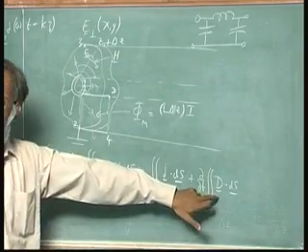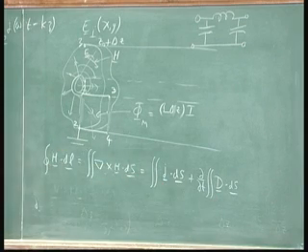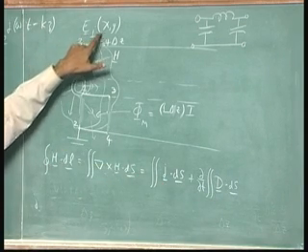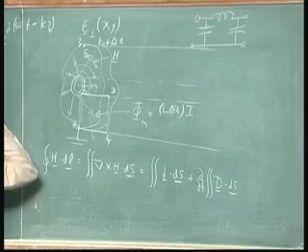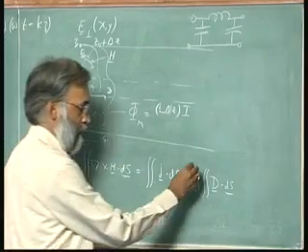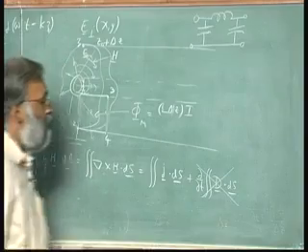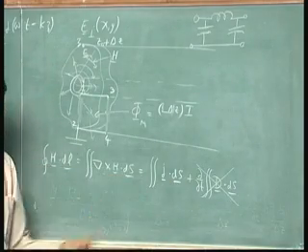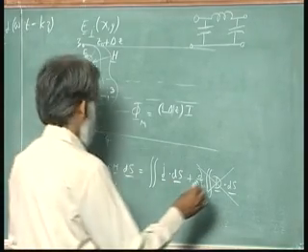Now, whatever electric field I have is in the x and y direction. There is no z electric field, which means d dot ds is 0 and integral j dot ds is current. So, it is I.